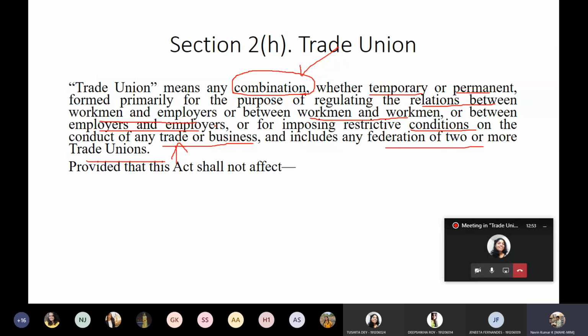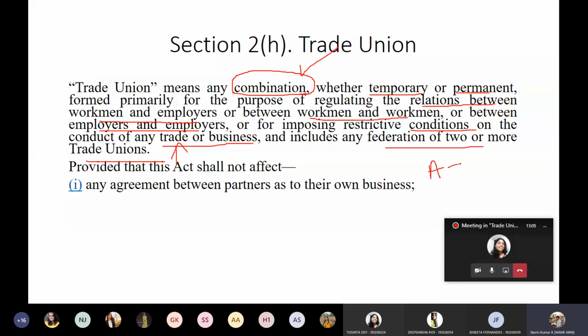It should not affect the following things. First, any agreement between partners as to their business. If there is an agreement between two partners, it's exactly the partnership business, and the trade union should not affect this agreement. This agreement is not a union.